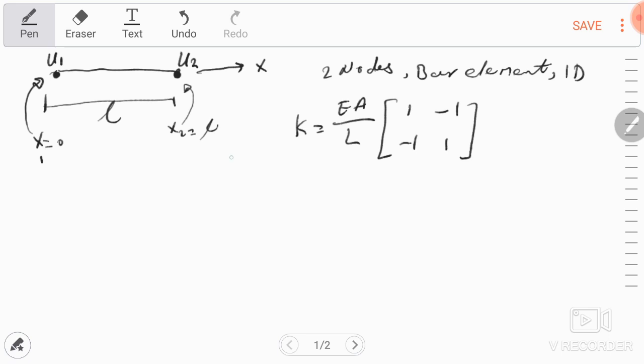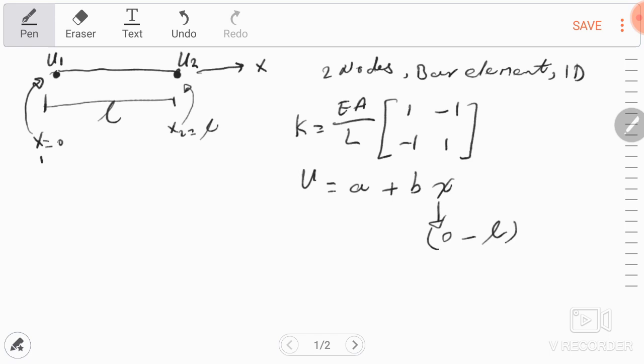That means for the u equal a plus bx, and here the x ranges between 0 to L, because I don't have any value here, just a sample.